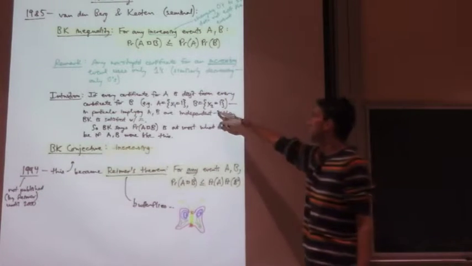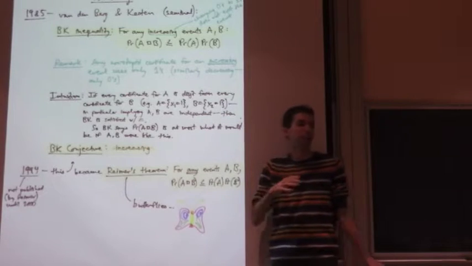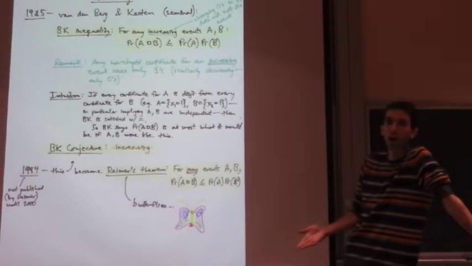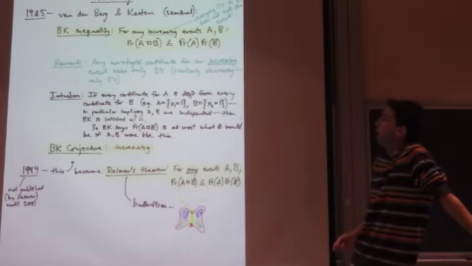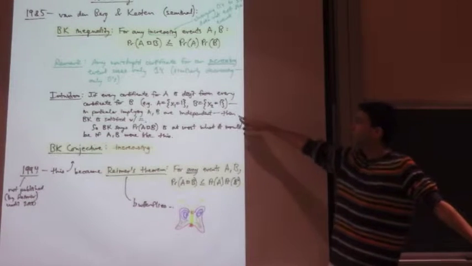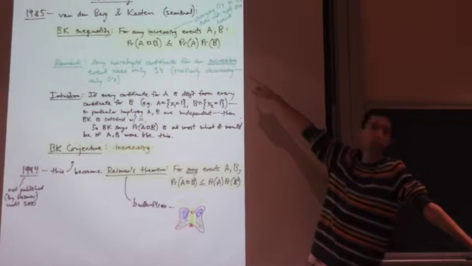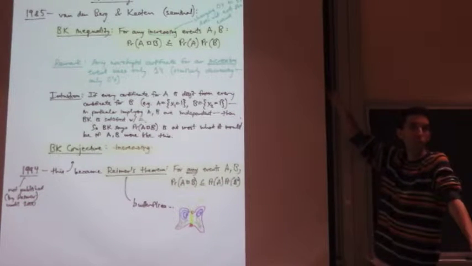And similarly for B, the only non-stupid certificate is showing that the second coordinate is a 1. In that case, when the events are independent like that, the inequality is satisfied with equality.